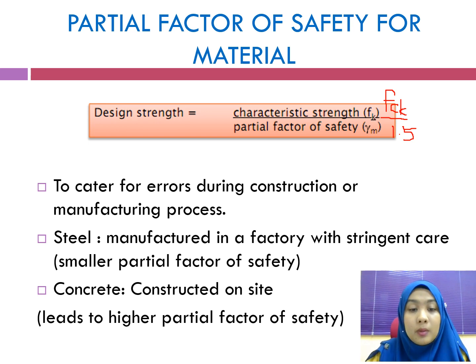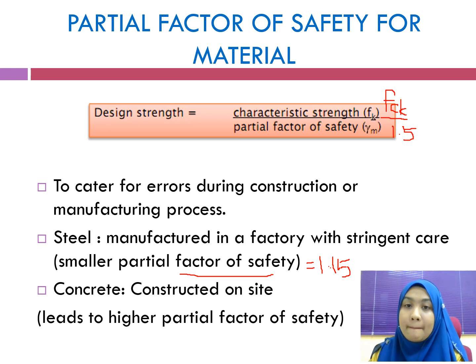So the partial factor of safety for steel is equal to 1.15. Let's say you are going to calculate design strength for steel, it means that here it is FYK divided by 1.15. For concrete, since it is constructed on site, which can lead to human error, we need a higher value of partial factor of safety.